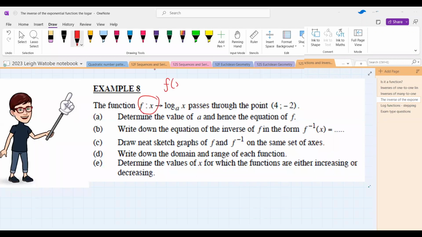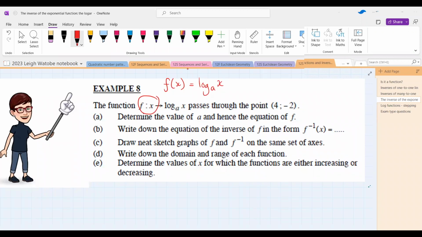So f of x equals log a x passes through the point 4 and minus 2. The first thing they want us to do is determine the value of a and hence the equation of f. So now we are talking about a logarithmic function.